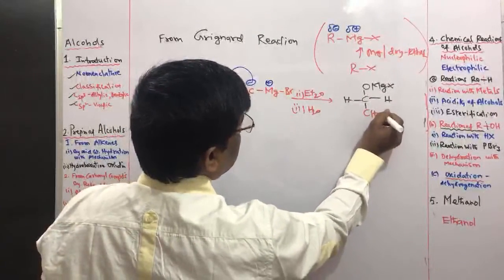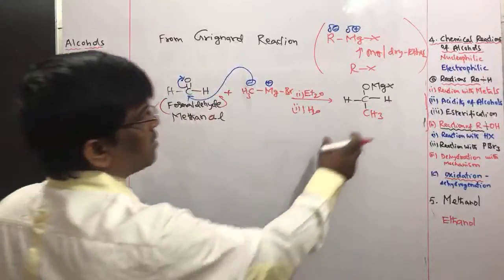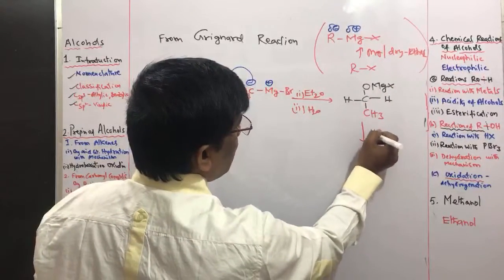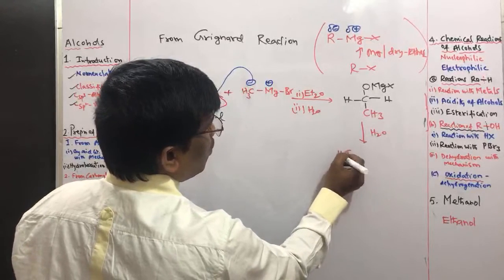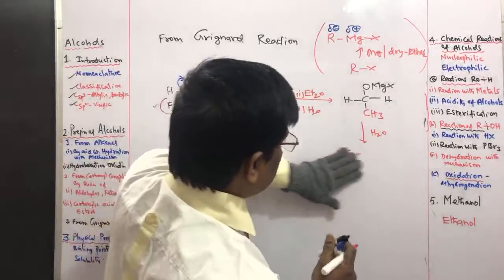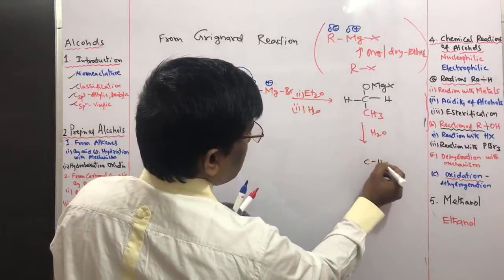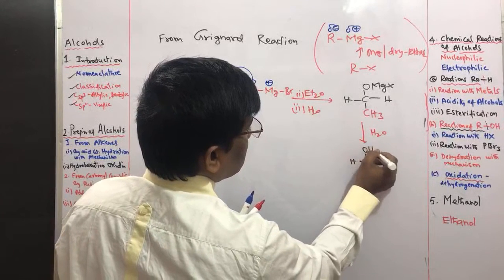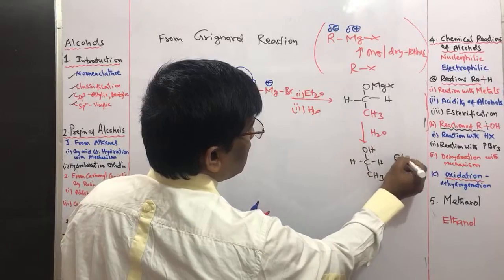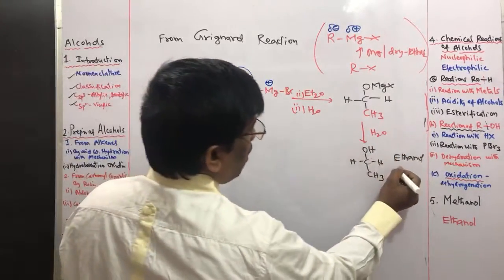This RMgX complex upon hydrolysis gives CH3CH2OH, with the hydroxy group and methyl, which is nothing but ethanol, a primary alcohol.